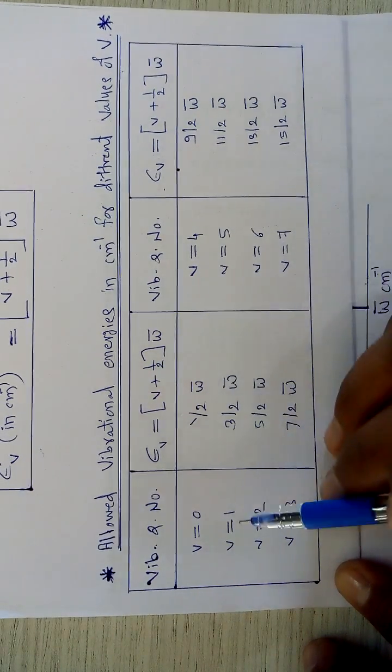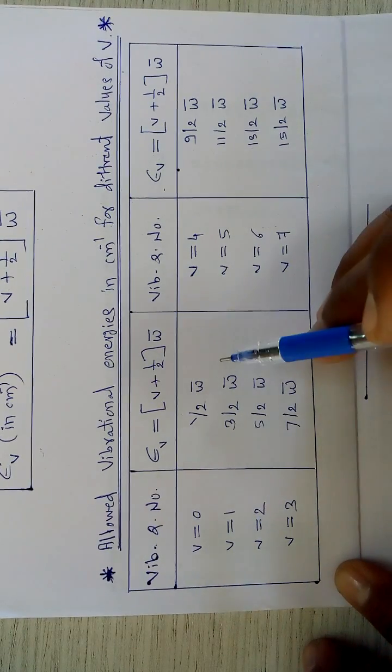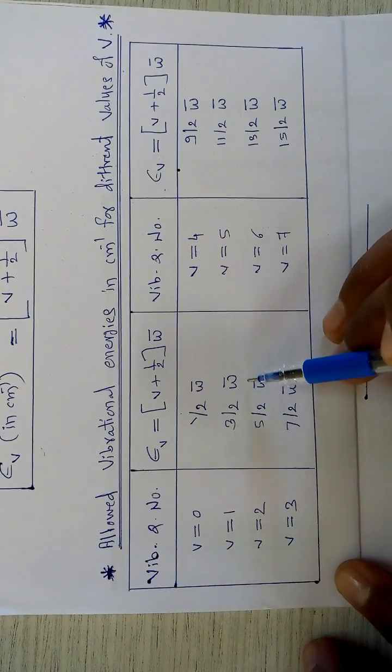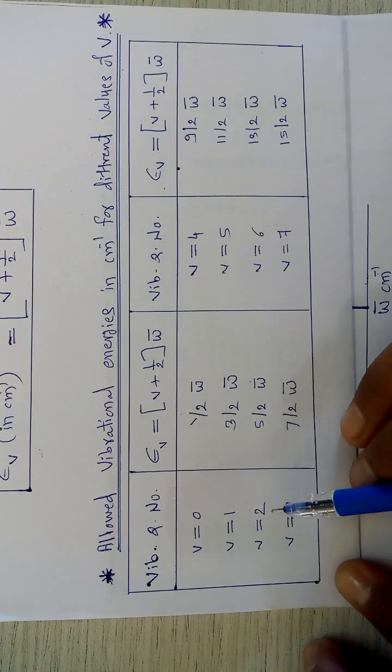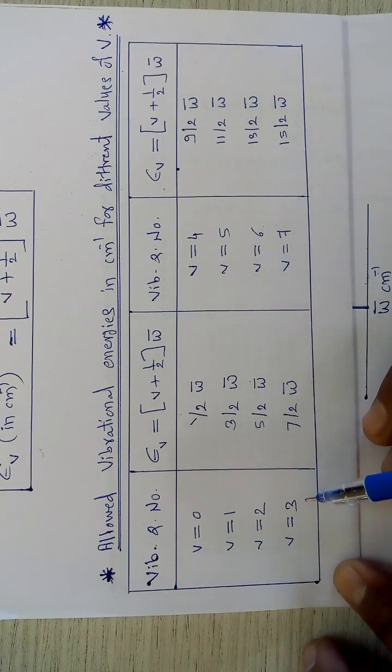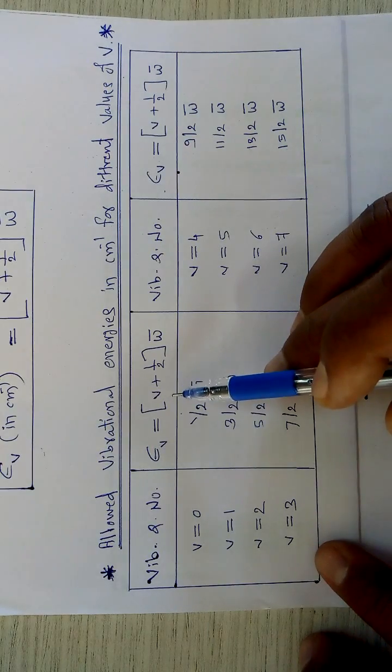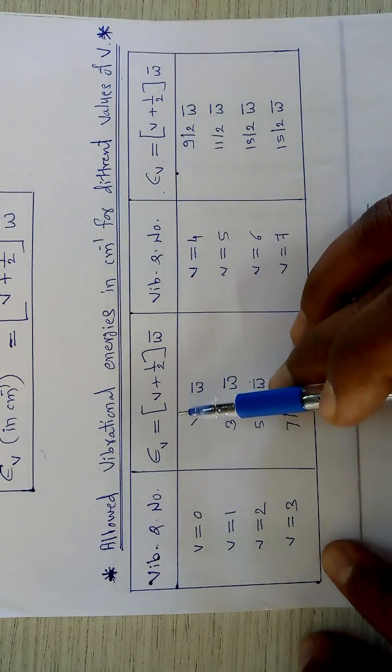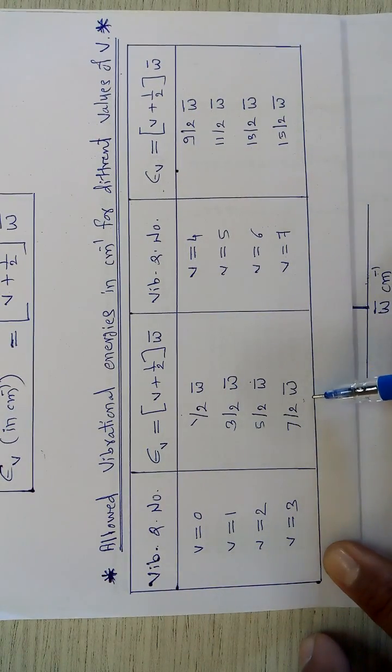When v is equal to 1, its energy comes out to be 3 by 2 omega bar. When v equal to 2, its energy is 5 by 2 omega bar. When v equal to 3, again substituting in this equation, the vibrational energy comes out to be 7 by 2 omega bar.